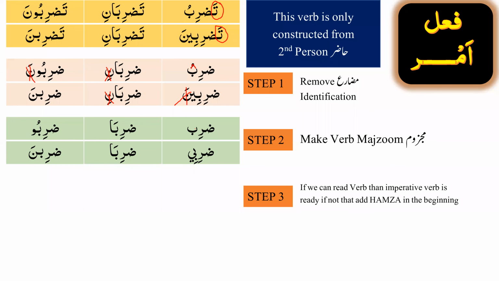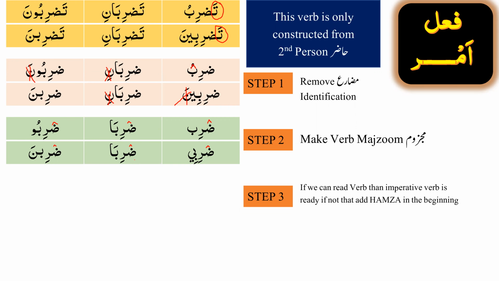Because there are no vowel notations. Yes, because the verb is starting from sukoon, jazm, which we cannot pronounce. So we cannot read this right now. In the future, we will be able to read. That's why it is an important point to keep in mind.